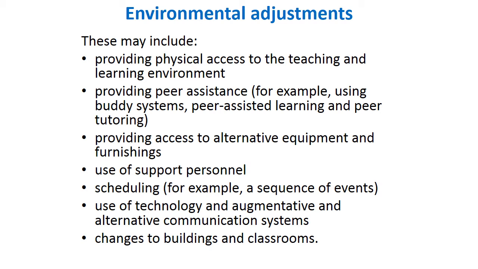One of these adjustments, and you see it there, physical access, was one of the early tests of the Disability Discrimination Act. It was found that schools could not claim that installing a lift was unnecessary hardship, because it was argued that the lift was not benefiting just that student, but would benefit students for years to come.